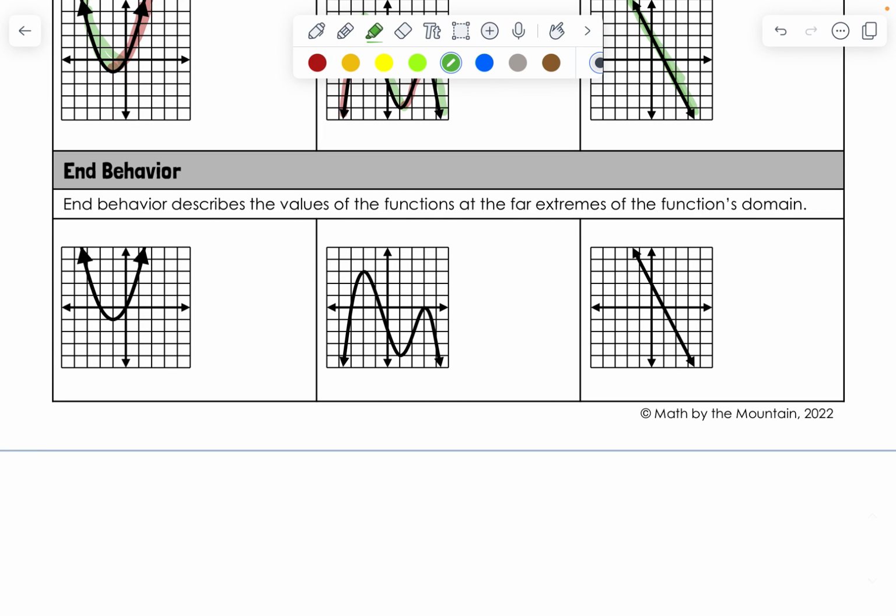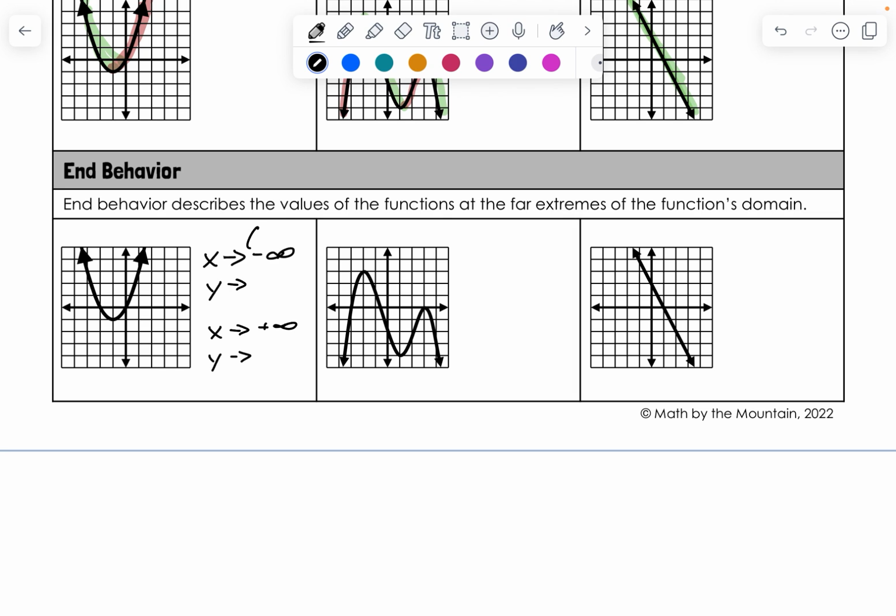Finally, end behavior. I want to match it to the worksheet. Okay. As X is going to -infinity, what's Y doing? As X is going to +infinity, what's Y doing? So as X goes, it's going left.